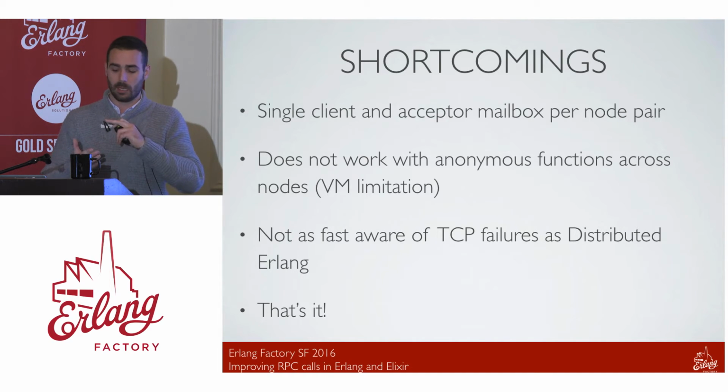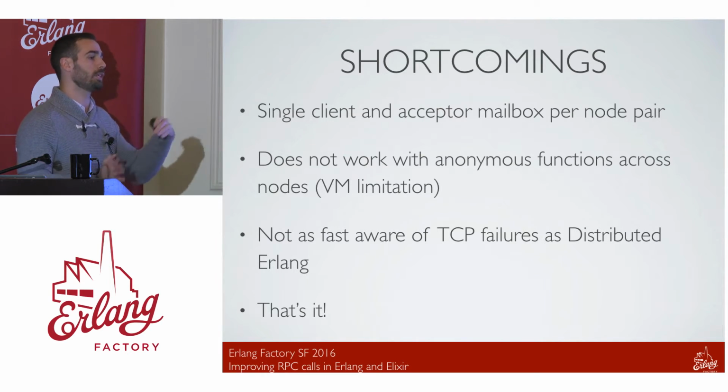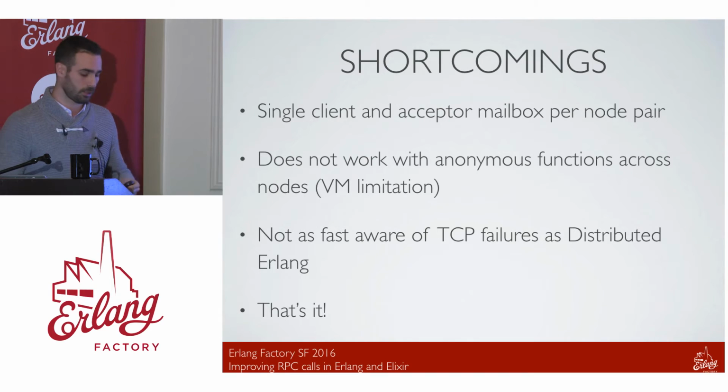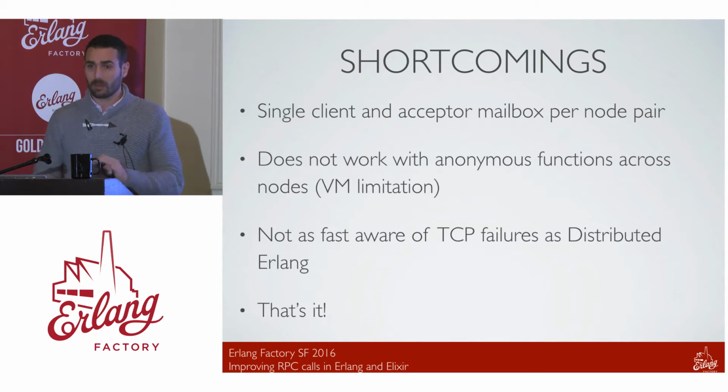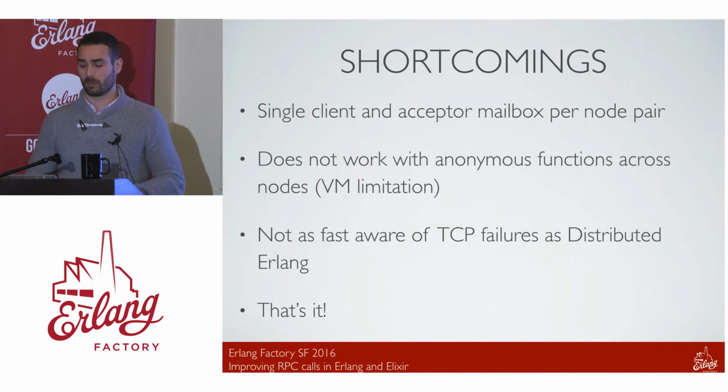But sometimes there are no keep alives between the nodes, no explicit keep alives, so we could actually implement that, but there are currently no keep alives to probe the port to see if it's open. It will fail and you will get notified, or you might not if there's a weird failure, but that's inherent to the implementation. That was good enough for us, and if you do use calls instead of casts, you'll be fine. And that's it. That's all the problems we found so far with using gRPC.